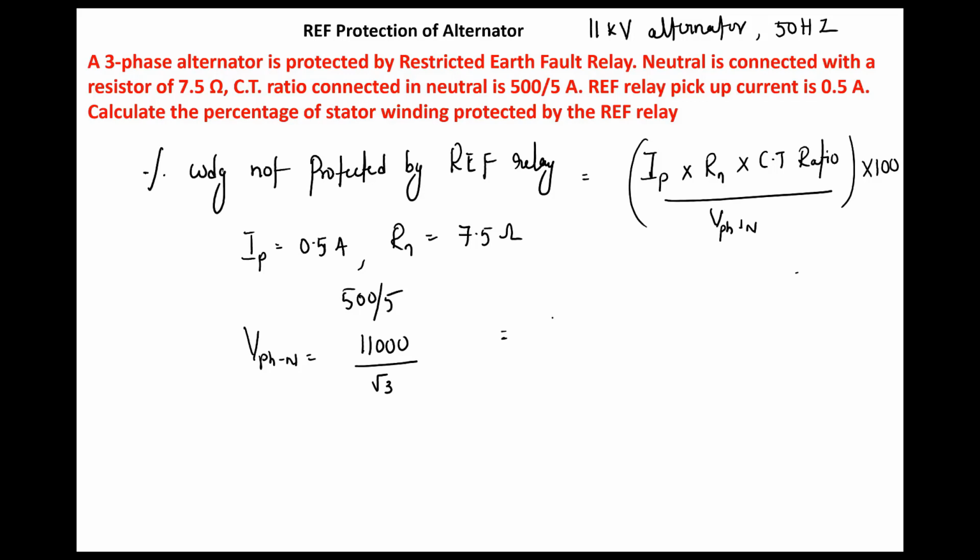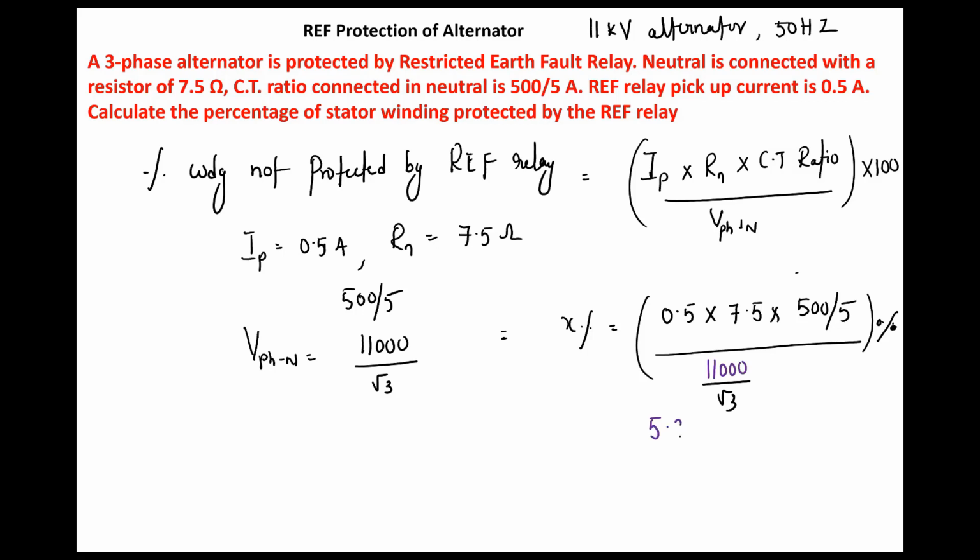So if you substitute in the formula, your X percentage will become how much? IP is 0.5 multiplied by 7.5, CT ratio is 500 divided by 5, divided by 6,000. So 5.9% of the winding is not protected.